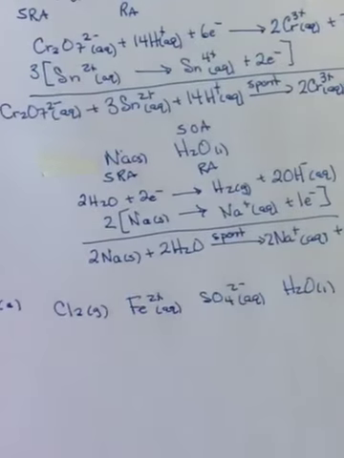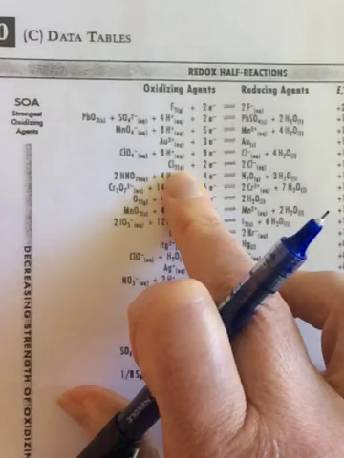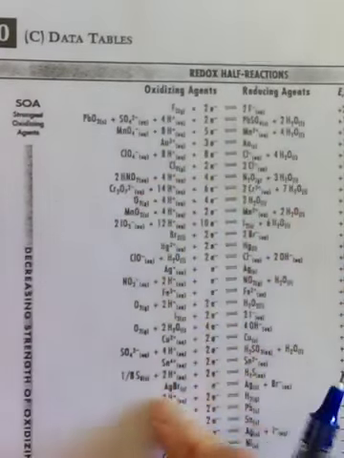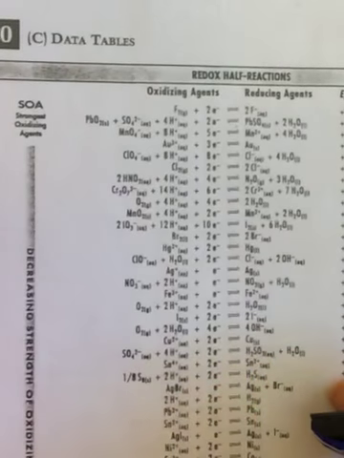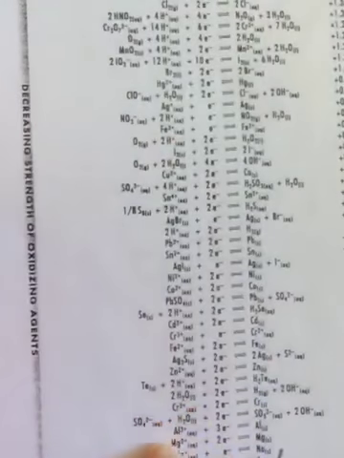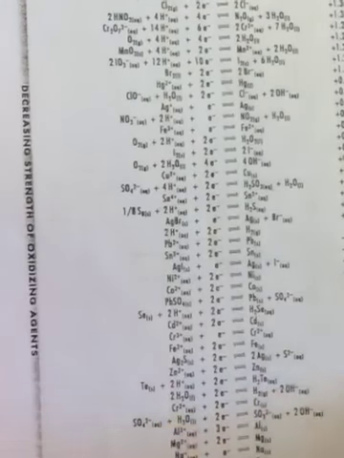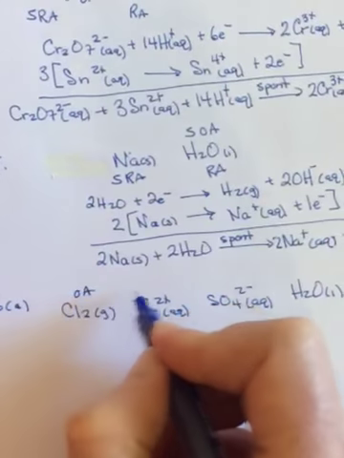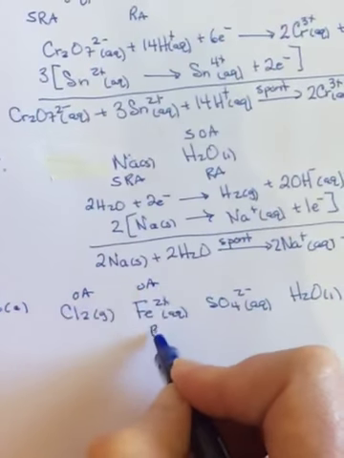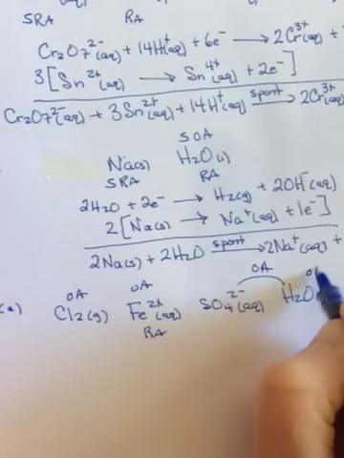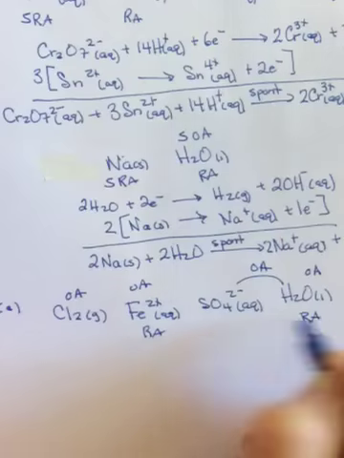Chlorine gas, we had already found it. It is up here, remember, right there. It's an oxidizing agent. Fe2+ appears on both sides. Water appears on both sides. And remember that SO4 is linked with water as an oxidizing agent. So oxidizing, oxidizing, and reducing. Oxidizing, and water, of course, is both.